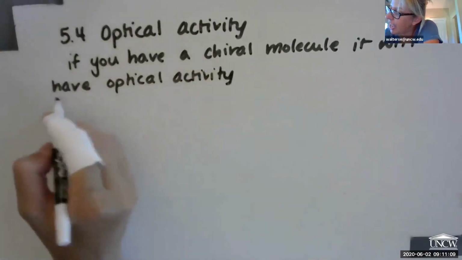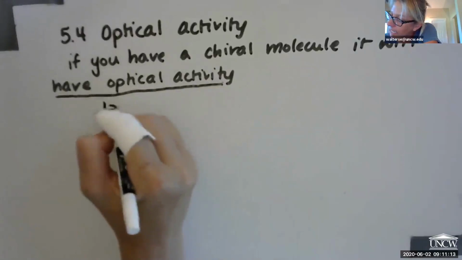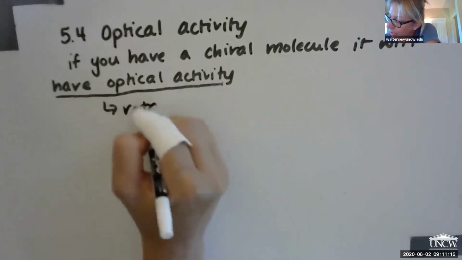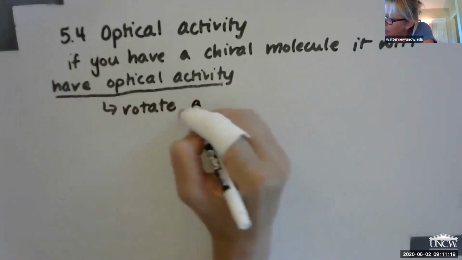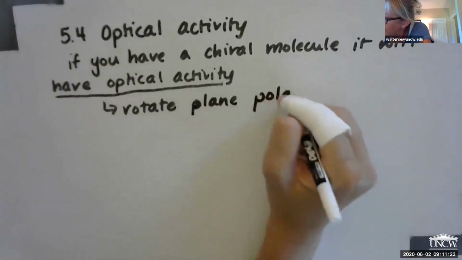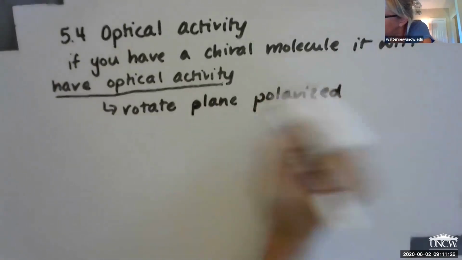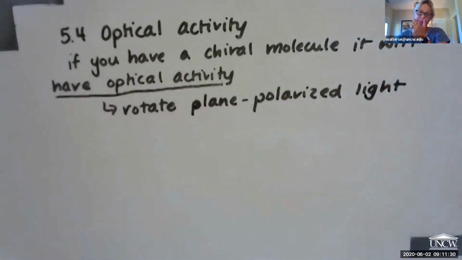Okay, and when you say having optical activity, what that means is that the molecule itself can rotate what's called plane polarized light. Okay, and I'll explain what plane polarized light is in a minute.